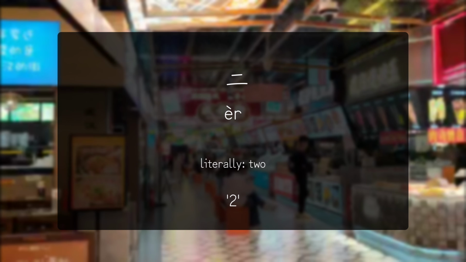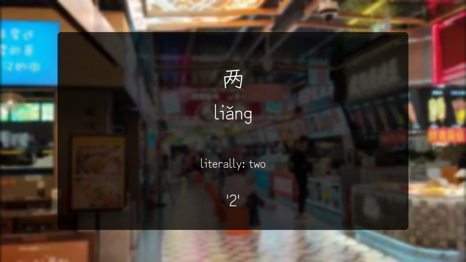2 is 二. For 2, Chinese has both 二 and 两.